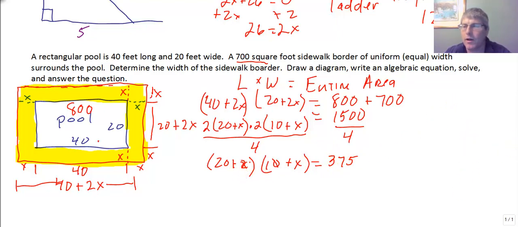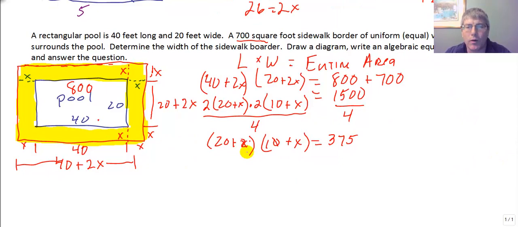Now, I want to solve this, so I'm going to have to FOIL this first. So I multiply this out. I'll rewrite it for you. It's x plus 20 times x plus 10 equals 375. 10 plus x is the same as x plus 10. Now it's going to be easier to FOIL.